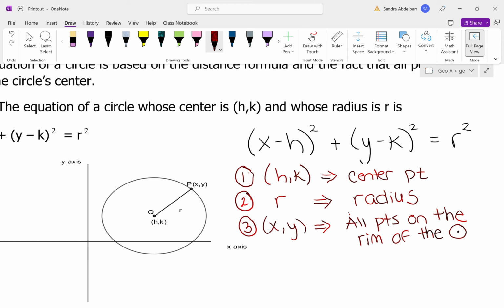So now we know what every variable in this equation of a circle represents. Are we ready? Can I go to the next problem? Okay.